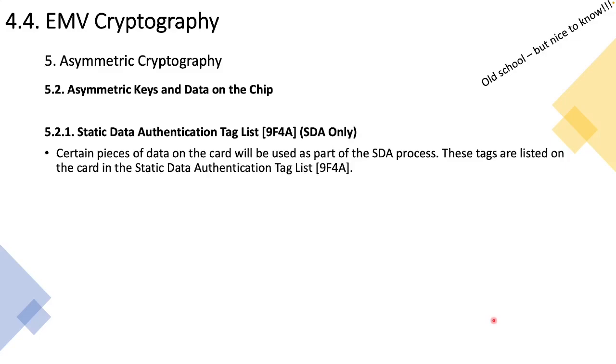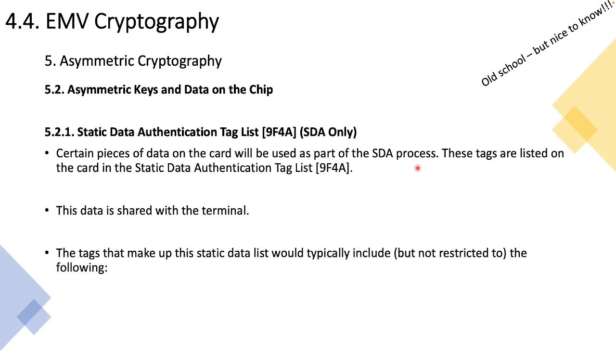Certain pieces of data on the card will be used as part of the SDA process. These tags are listed on the card in the static data authentication tag list. It's quite a mouthful, right? Basically the SDA tag list, which is tag 984A. This data is shared with the terminal, and the tags that make up this static list would typically include the following, but not be restricted to them.